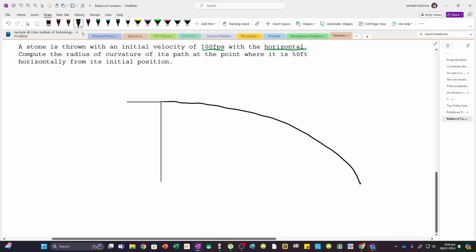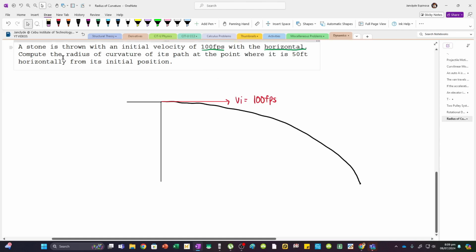Parang ganyan. And then the velocity is tangent to this point. So we have the initial velocity as 100 fps or feet per second.